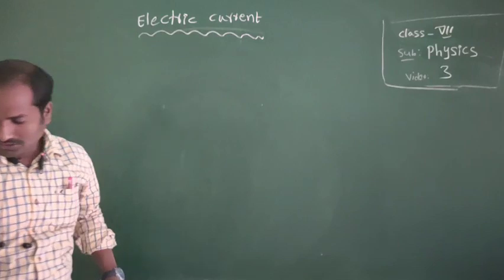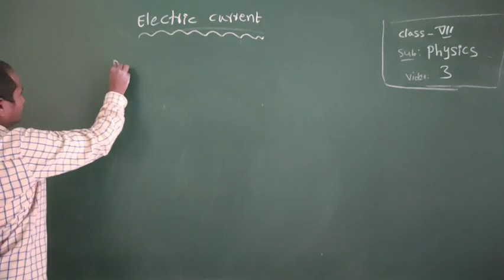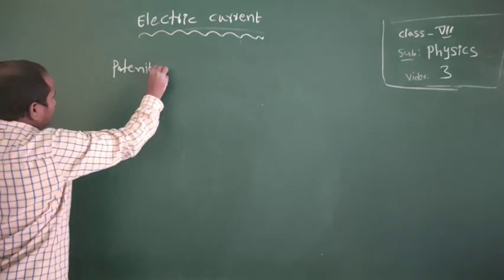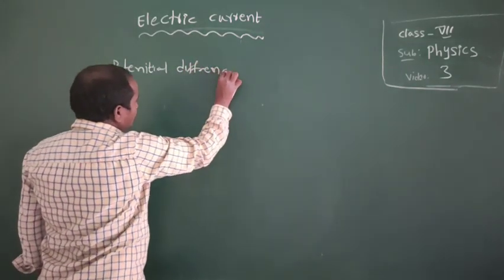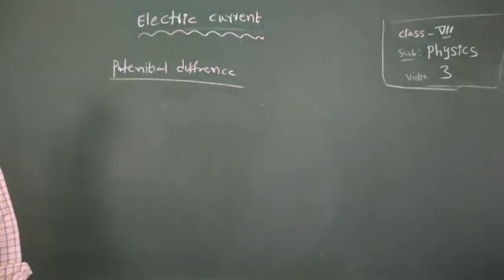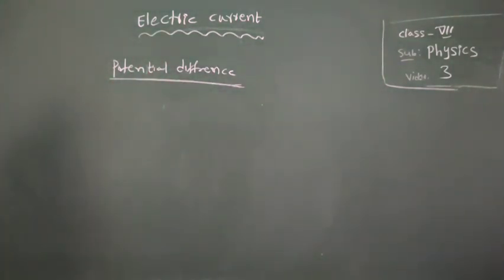Okay, now potential difference. So what is meant by potential difference? The amount of work done in moving a unit positive charge from one point to another point in an electric field is called potential difference.